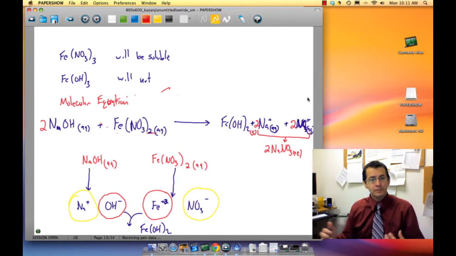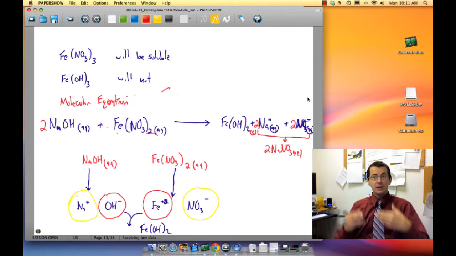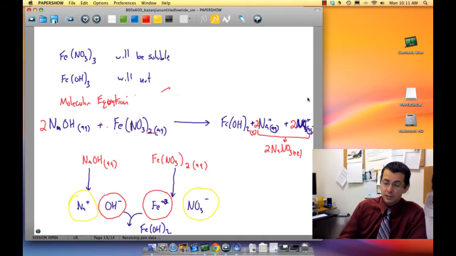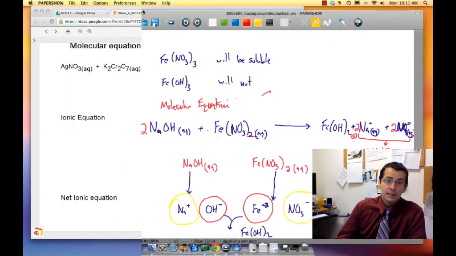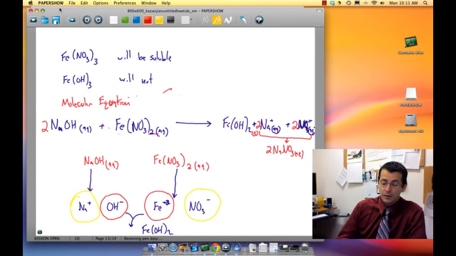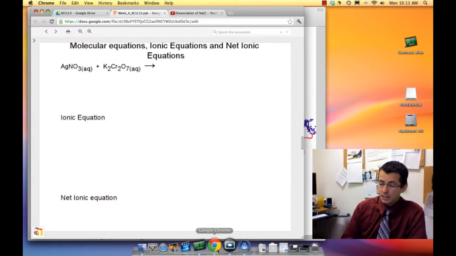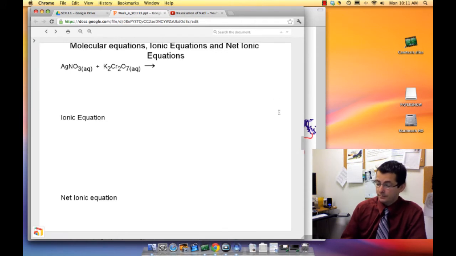Our goal in this process is to generate molecular equations or net ionic equations, depending. Let's see how that works. For this, we turn to the ionic equation. The ionic equation is probably the most informative. So let's take a look at an example.